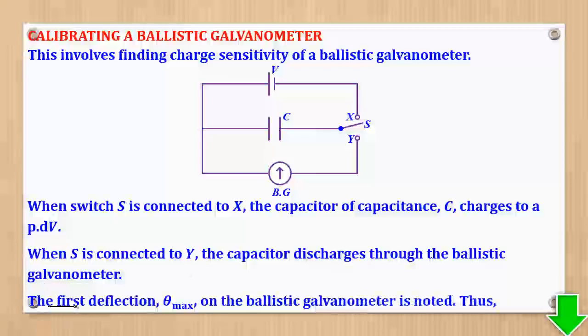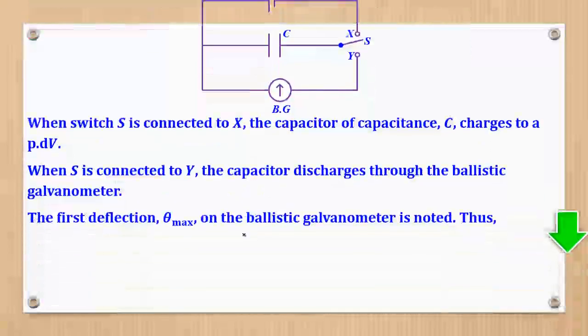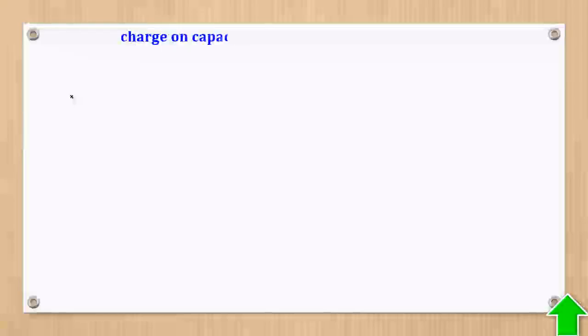The first deflection, see the word first, you either use the word first or maximum deflection. So the first deflection, theta max, on the ballistic galvanometer is noted. That means that charge on the capacitor is proportional to the maximum deflection on the ballistic galvanometer.